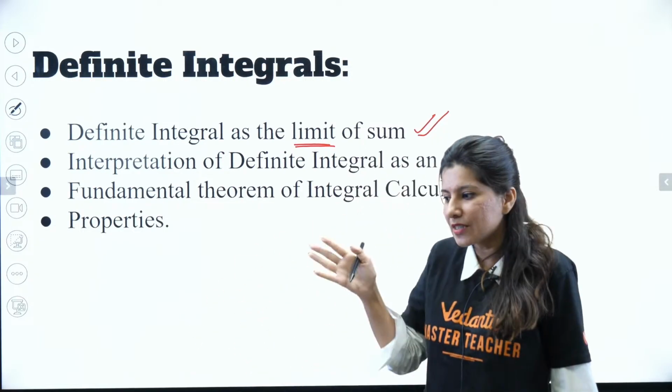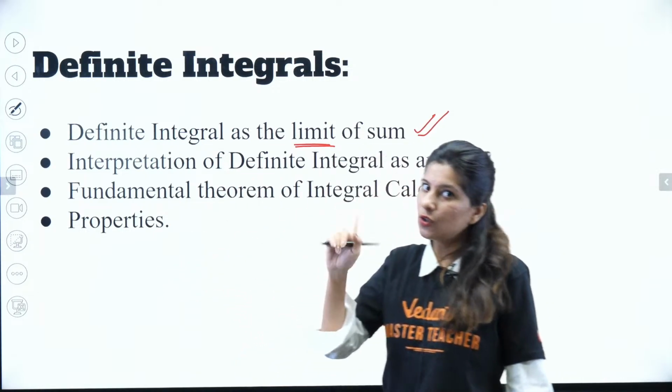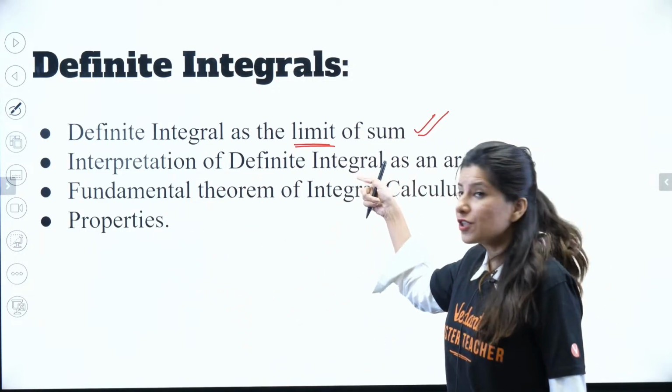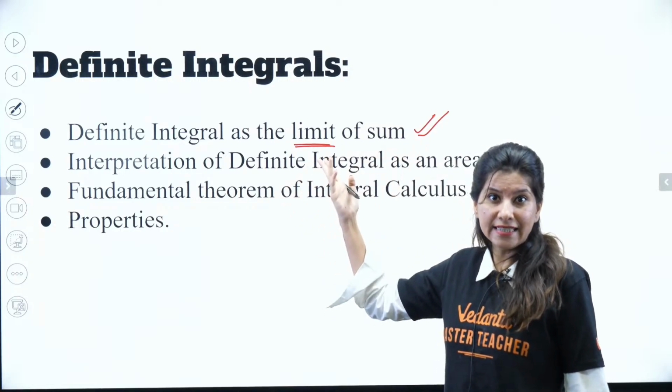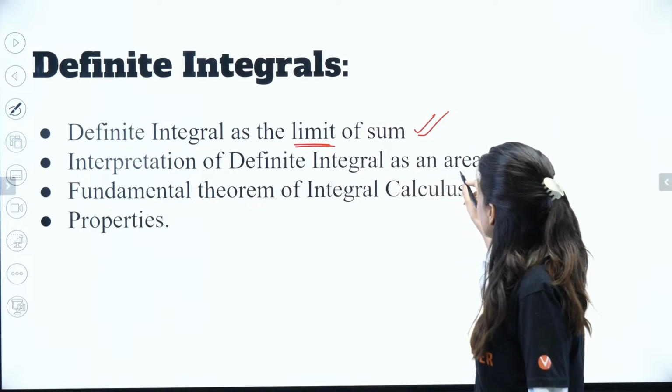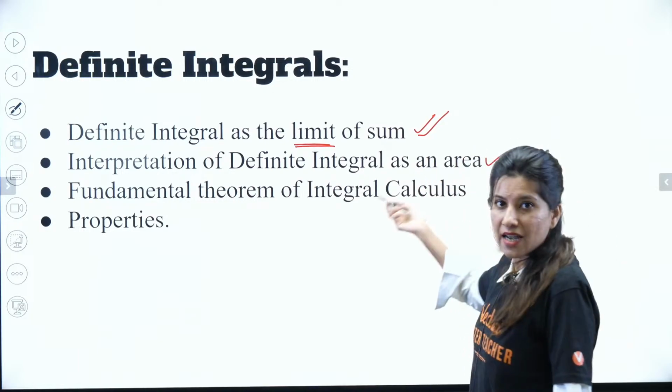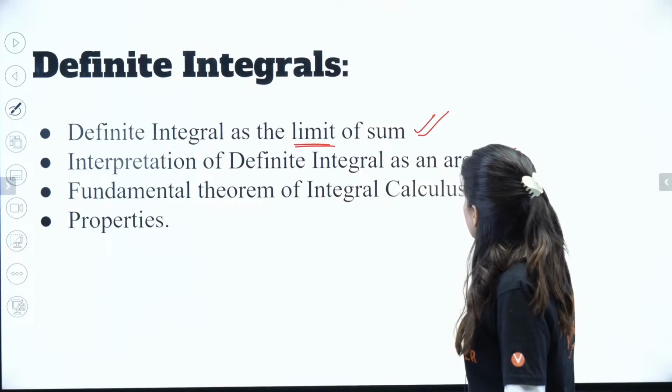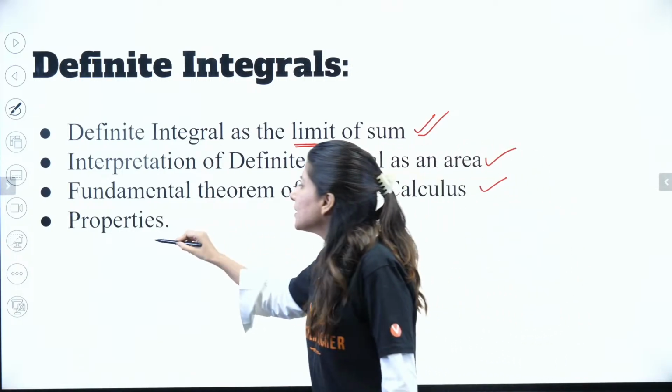So the question looks like the question is of limits, but no. The question is of integration, right? Okay. Now interpretation of definite integration as in area. Yes, area under curve. And then we have integral calculus fundamental theorem, properties of definite integration.